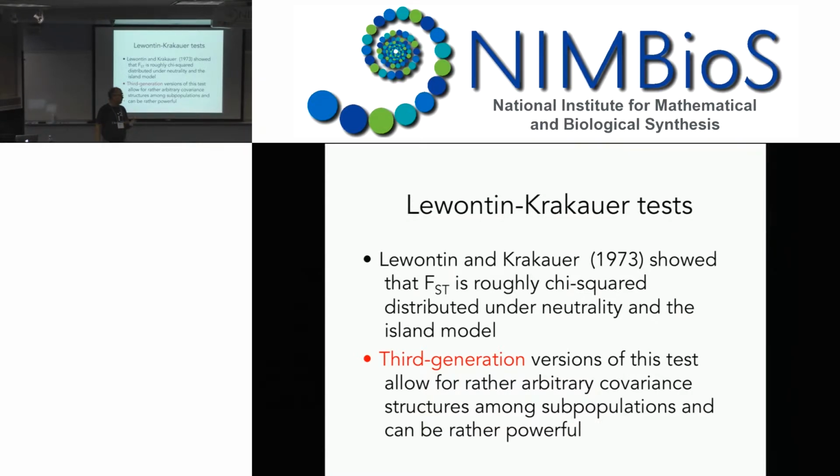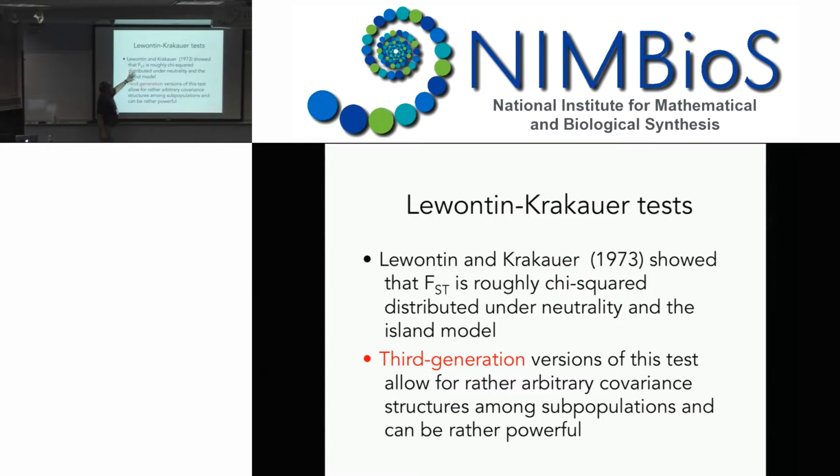No 2 demes are more similar than any other 2 demes. Only under this island model, the F statistics follow a roughly chi-square distribution. We used this idea when we talked about QST being roughly chi-square once you scale it as well.